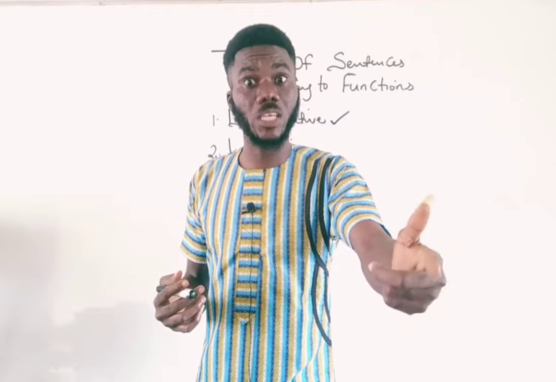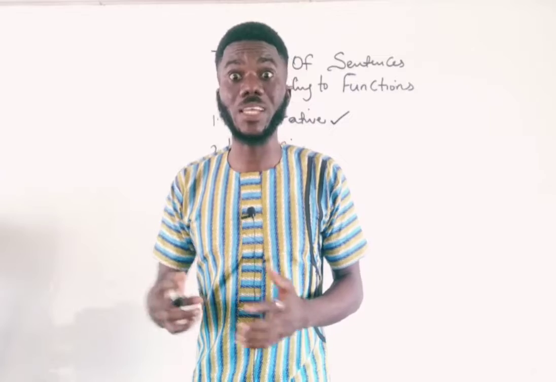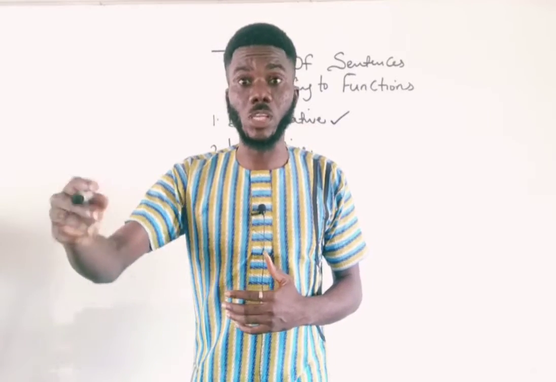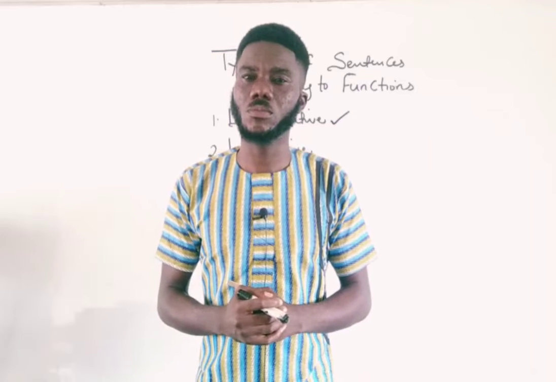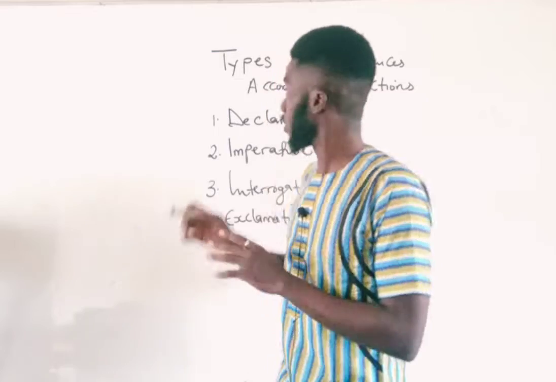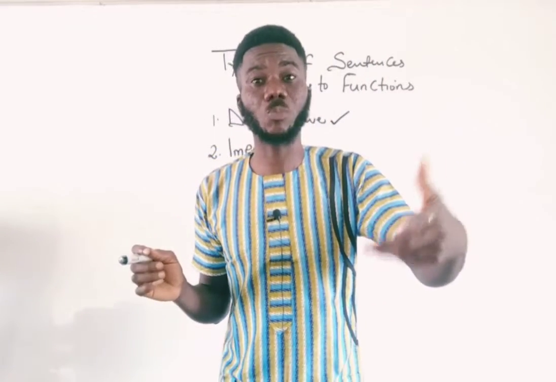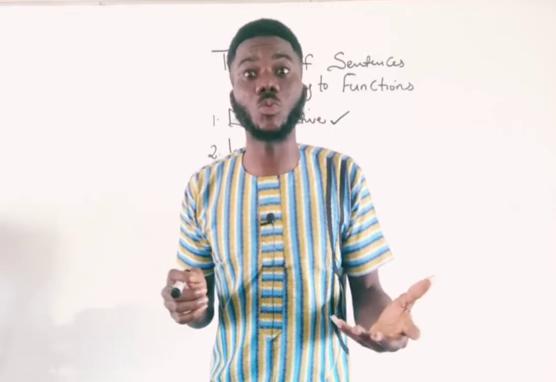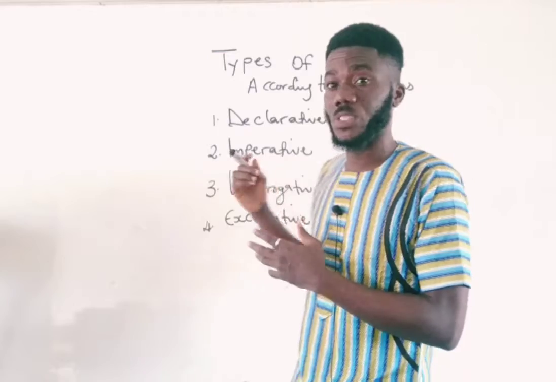Give me that book. That is imperative. It is a command. Leave this place. That is a command. That is an order. The person that you're talking to is expected to act. Go to the market and buy me a pen. That sentence is imperative. The person you are talking to is expected to react, is expected to respond, is expected to move. Now, this is the difference between a declarative and an imperative statement.